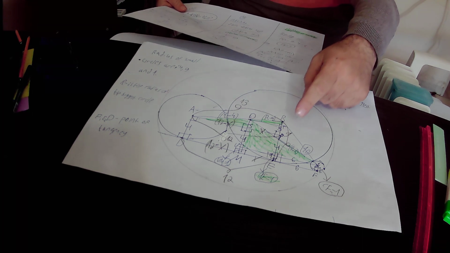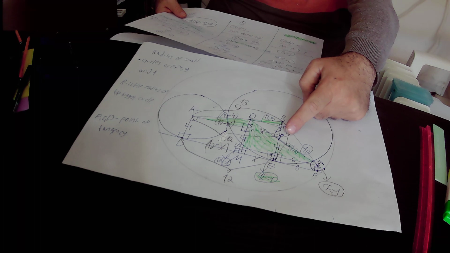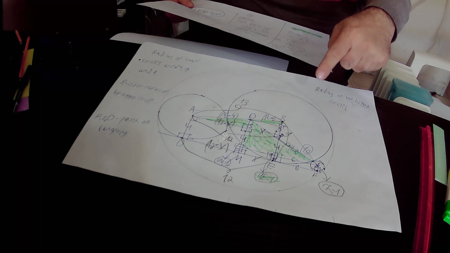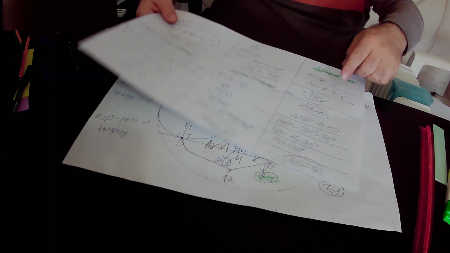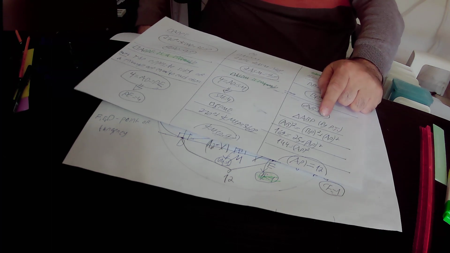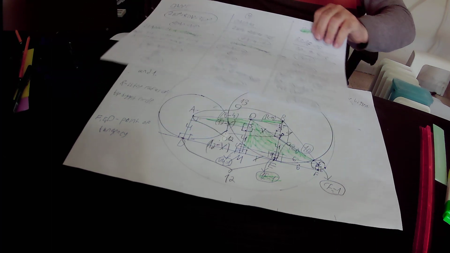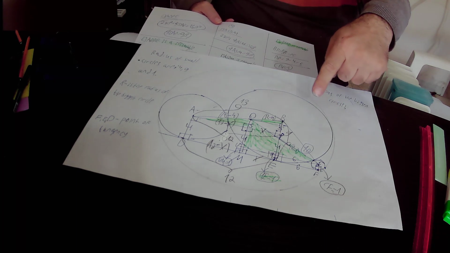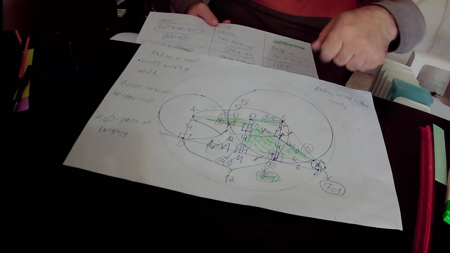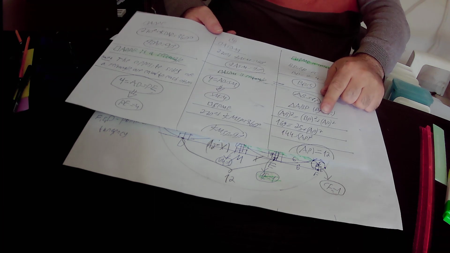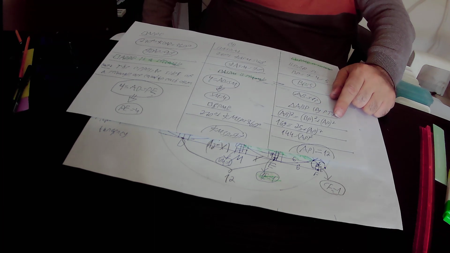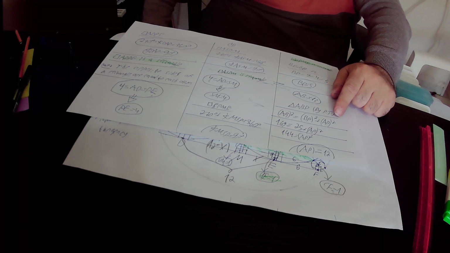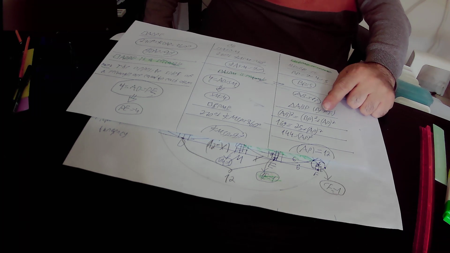We already found out that BP equals 5 units. So we focus on the right triangle ABP. According to the Pythagorean theorem, the square of the hypotenuse equals the sum of the squares of the perpendicular sides. That is to say, AB square equals BP square plus AP square. AB equals 13, so AB square is 13 square. 13 square is 169, and it equals BP square.